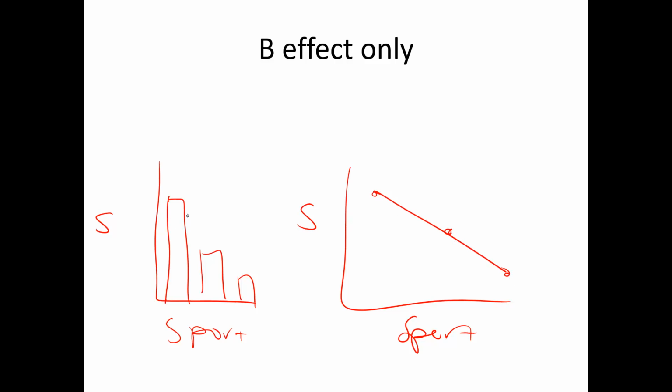But men and women are going to have the same bars. So men and women together, and then men first and women second in this graph. There's no effect of gender here, so this is sport only, because the gender lines are the same. They're on top of each other. If they're on top of each other, there's no effect.